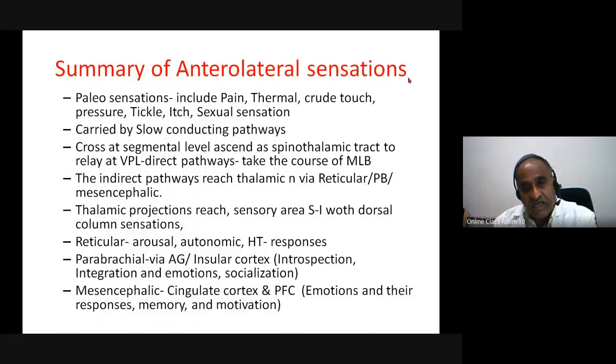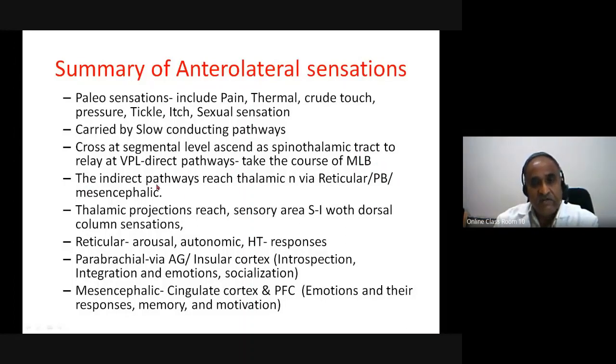They cross to the opposite side at a segmental level; maybe one or two segments up or down may happen, but at the segmental level in the spinal cord, and then ascend in the spinothalamic tract, where they are relayed directly to the VPL, as I was mentioning, along with the medial lemniscal fibers.